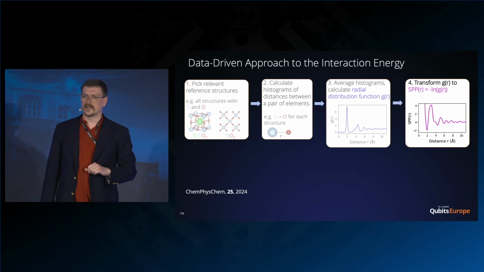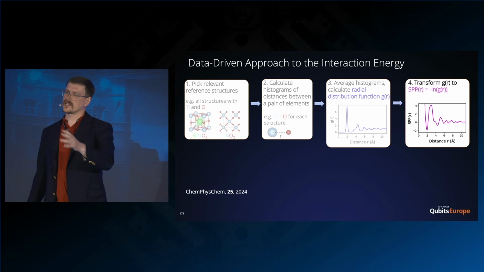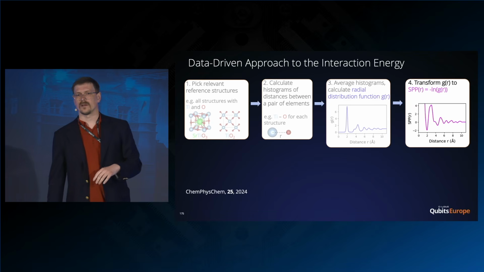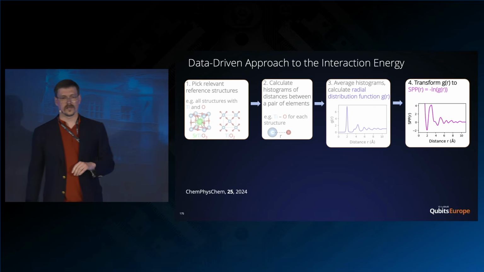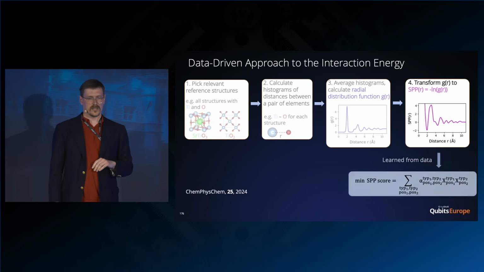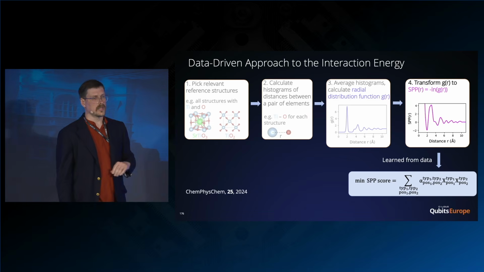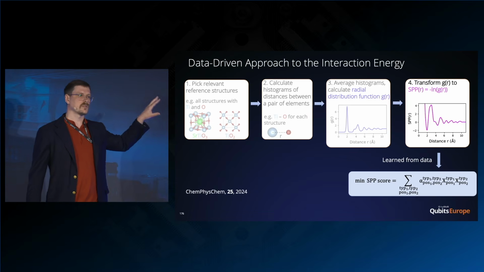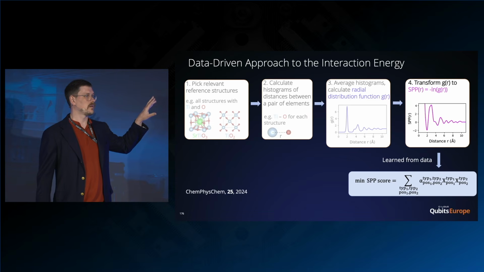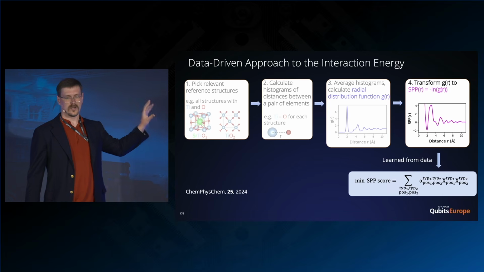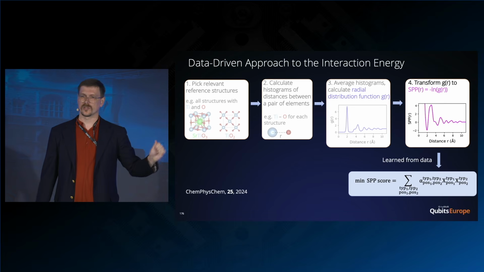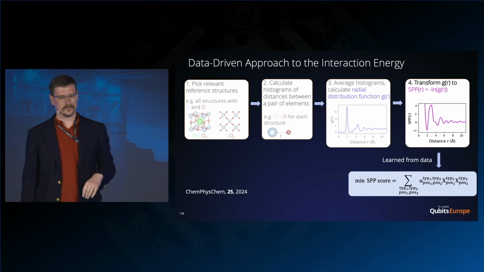And finally, in order to still get some kind of energy score, because we want to have energy, we apply a minus log n transform, and then we get a potential like this, right? So what we have done here is replaced the original objective function, which is based on classical force field models, with a new one, right? Which is coming from data.